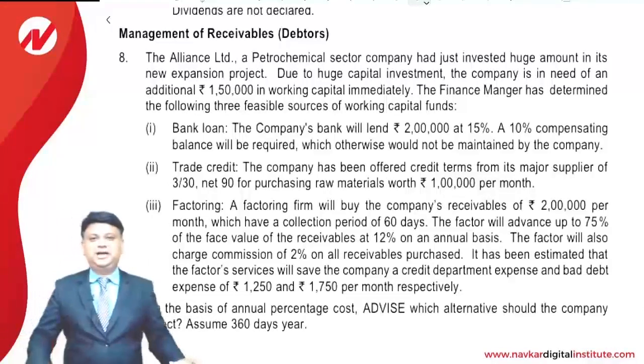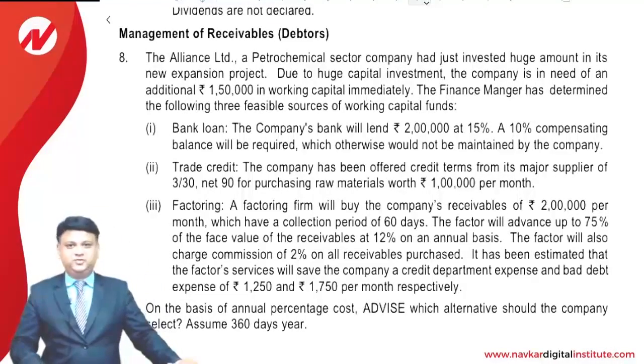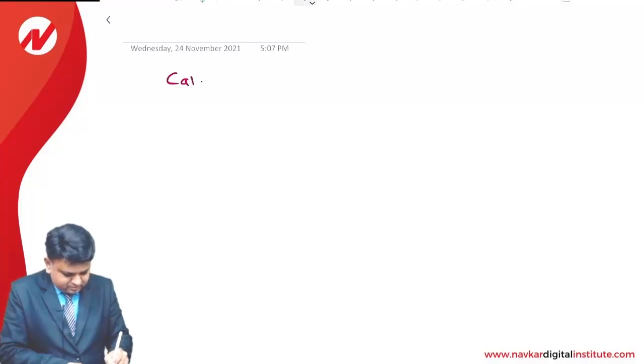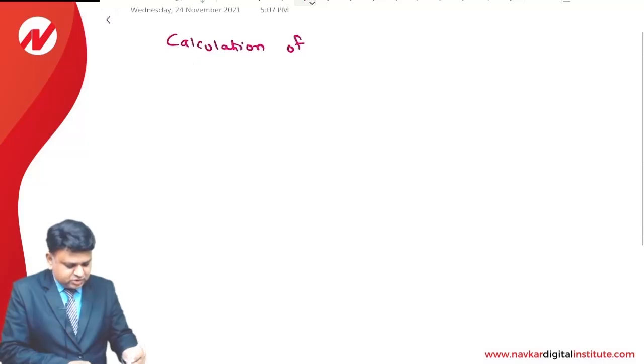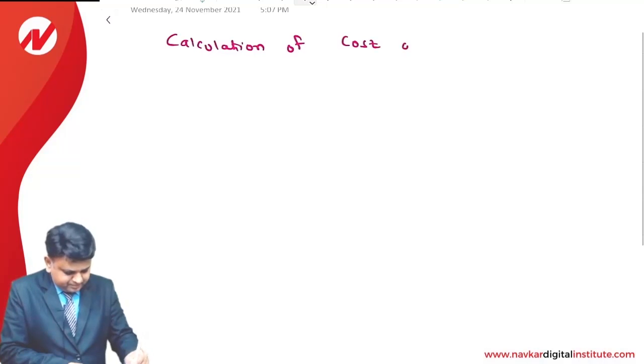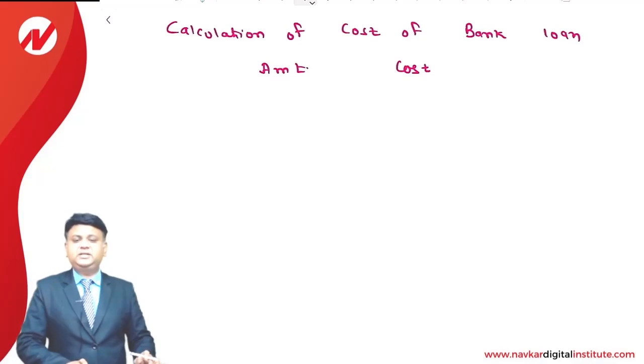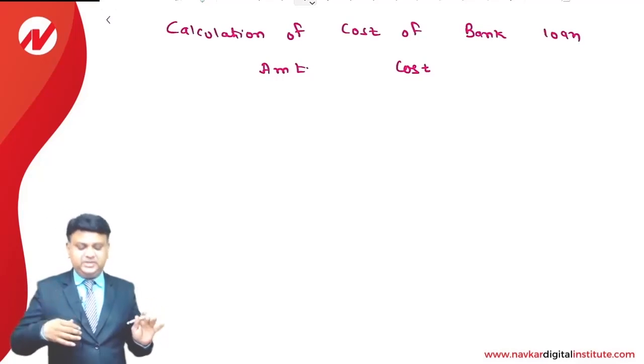Now friends, let us calculate the cost for each source of finance. The first option is the bank loan. I request you to write the answer along with me. Calculation of cost of bank loan. In that, amount and cost. Let us assume that we borrow just 100 rupees.